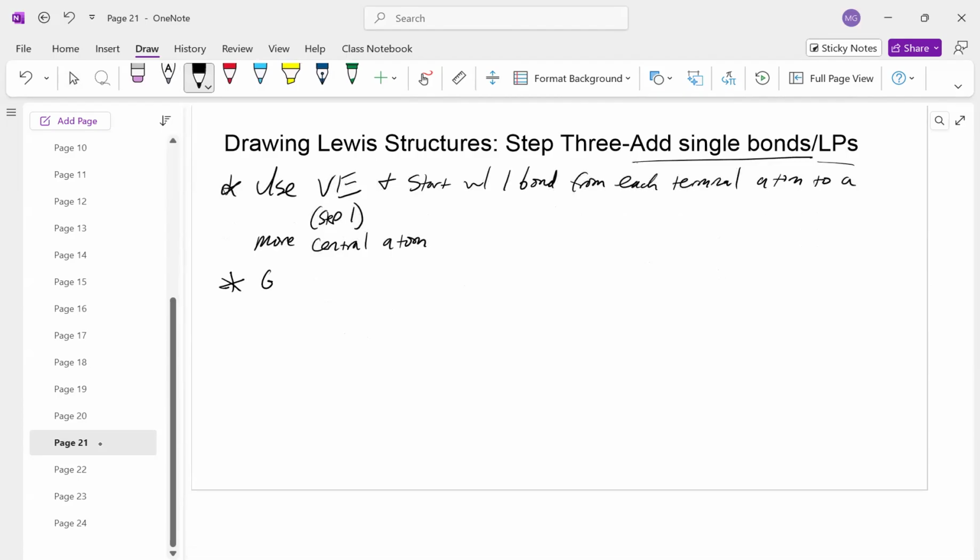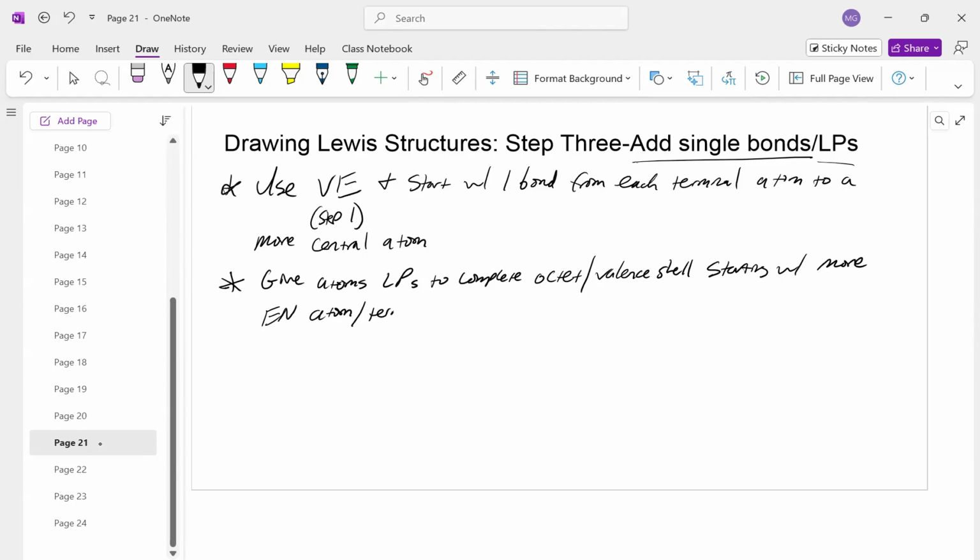Second part of this is we're going to give atoms lone pairs to complete an octet or complete a valence shell, starting with the more electronegative atoms.